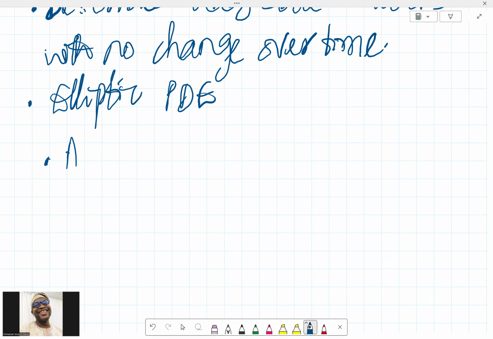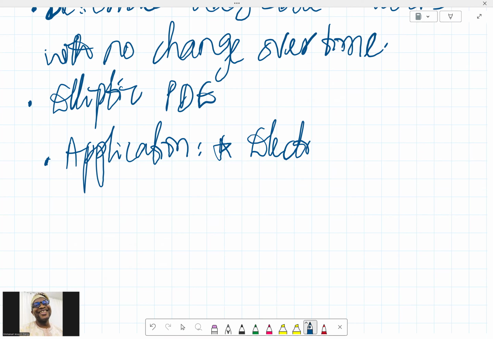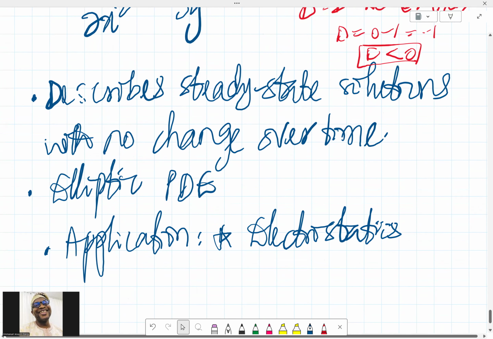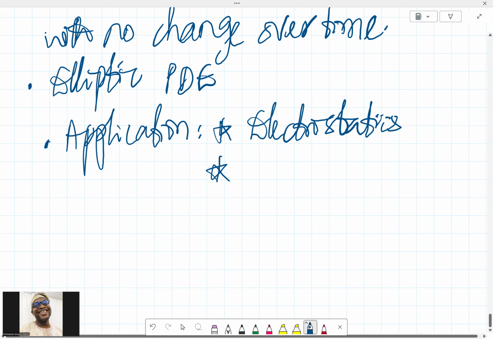So let's look at the application. Interestingly here, we don't have any constant like thermal diffusivity for the heat equation or wave speed for the wave equation. So the application, you have application in electrostatics, based on what it measures, right? It describes steady state solutions with no change over time. So electrostatics, you see some static stuff there, static electricity.